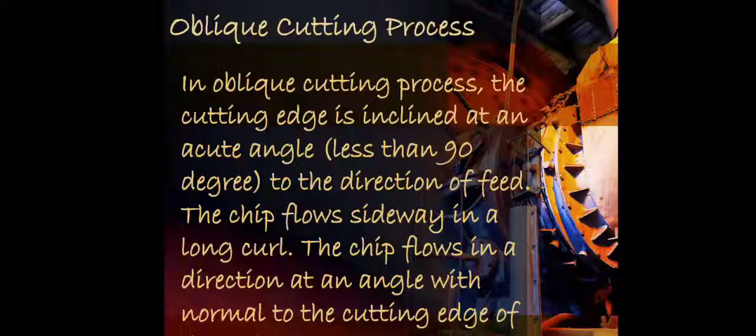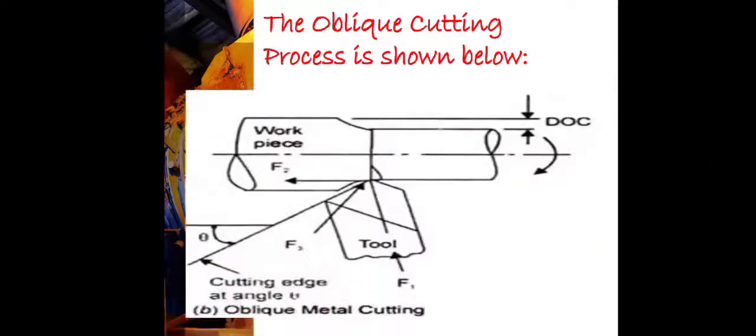So the chip does not go at 90 degrees. The chip flows sideways in a long curl. The chip flows in a direction at an angle with the normal to the cutting edge. So this is the process of oblique cutting. The tool formation with the workpiece is less than 90 degrees.